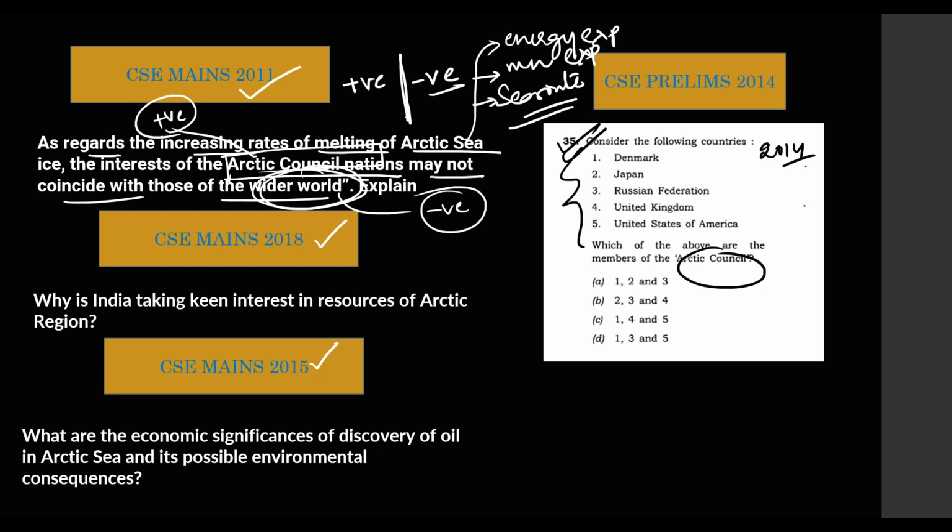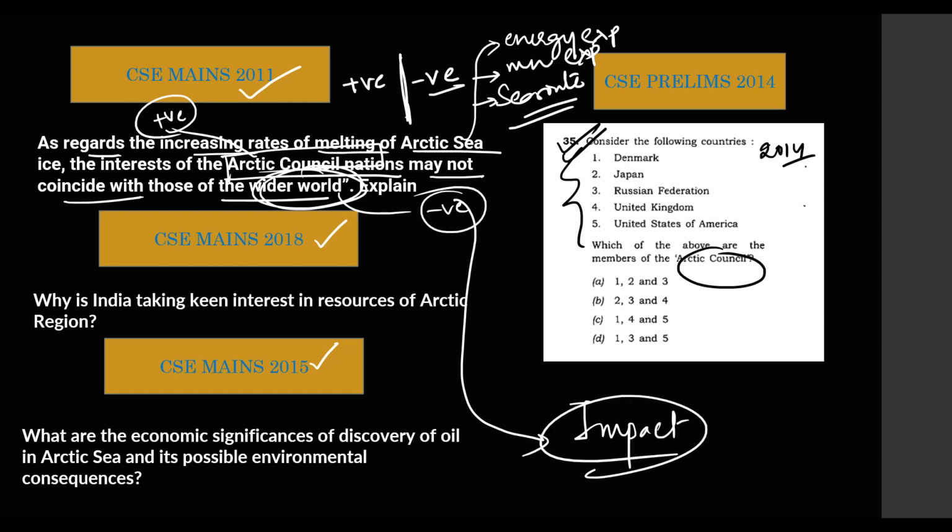So what I am trying to tell you is that if you have gone through the previous year questions which have come from the Arctic region, Arctic Sea or Arctic Council, you can easily infer that UPSC is focusing more on the impact of melting of sea ice, and UPSC is interested to know, are you understanding the dilemma, because of the Arctic Sea melting?